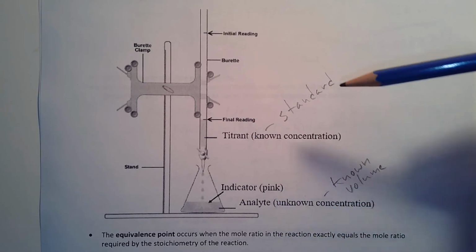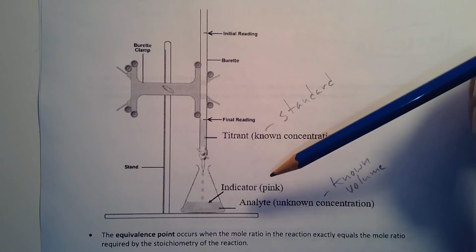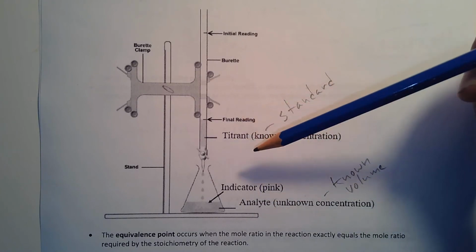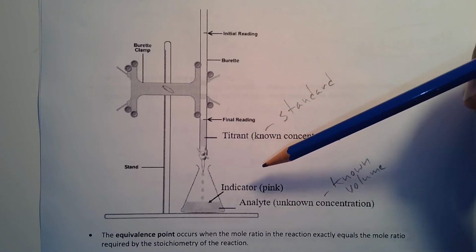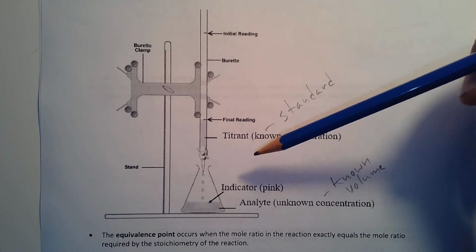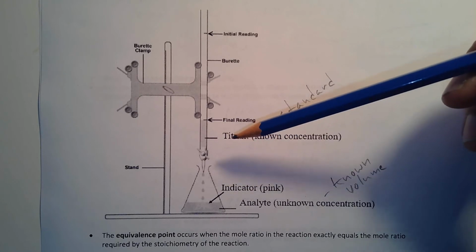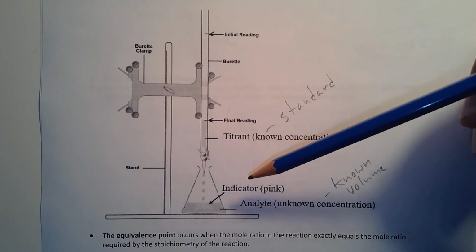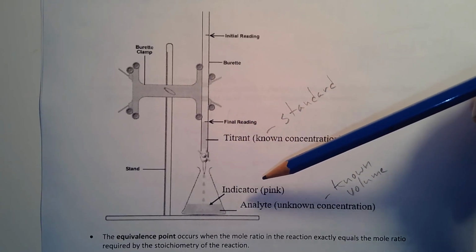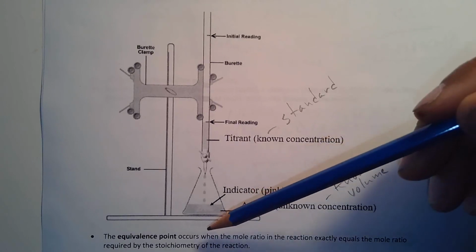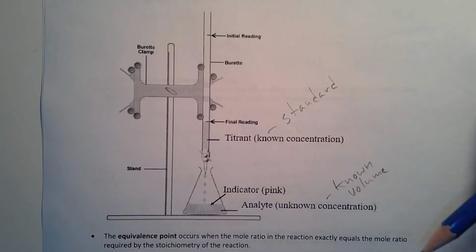You use the appropriate indicator for the titration that you're doing. What you're looking for is, within a half drop of the standard coming in, a permanent color change. At that point, you've reached what we call the equivalence point or the end point.